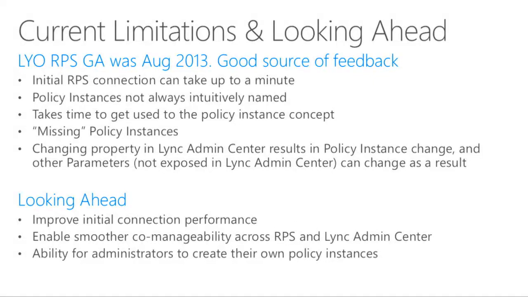Typically it's a lot quicker, as you saw in the demo, but we've seen instances where it could take up to a minute. The policy instances, as you might have already figured out, are not very intuitively named. Particularly for folks who are not used to the policy instance concept, it takes a little bit of time to get used to. We also don't have all the policy instances, so there are some policy instances that might be missing.